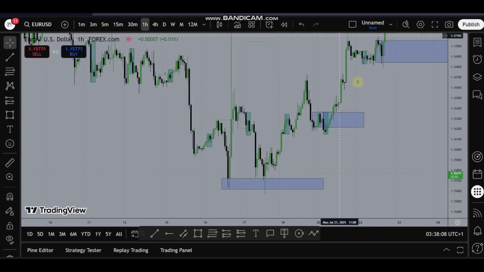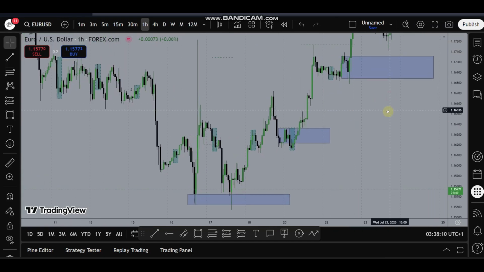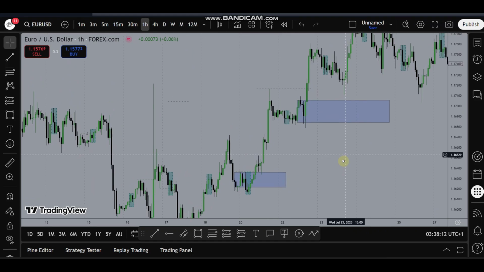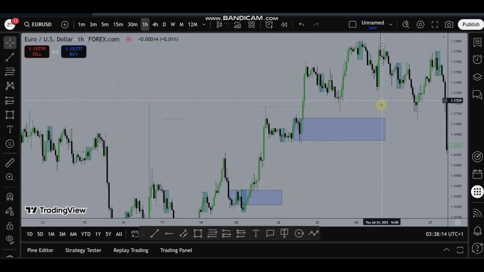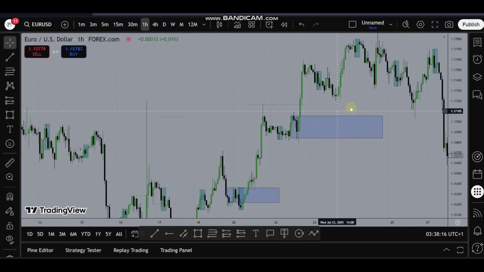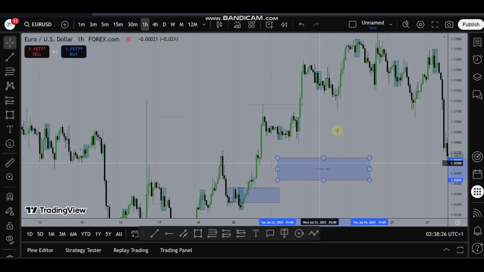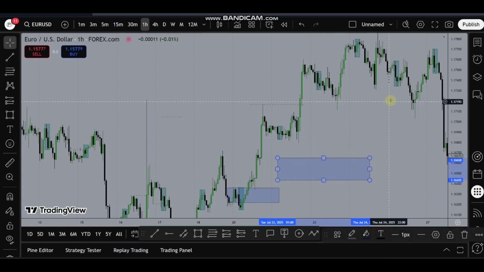Let me see if I can still find rejection blocks. All these key levels are everywhere on the chart. For this one I marked previously, I defined a rejection block as the area marked by the wicks of a swing point. Yes, you also have to know how to mark a swing point, but that's not what I'm showing you here.